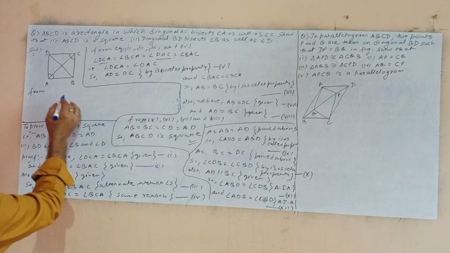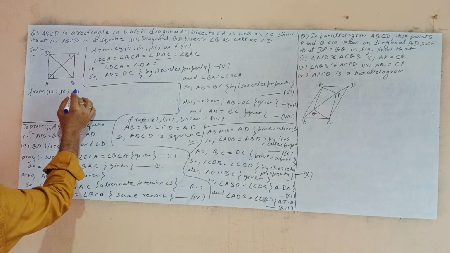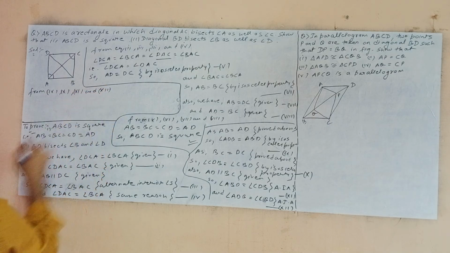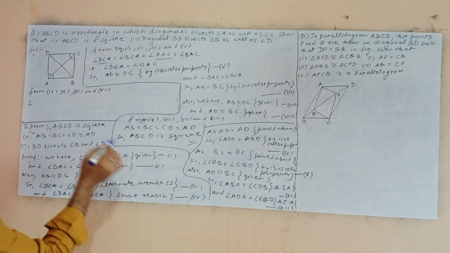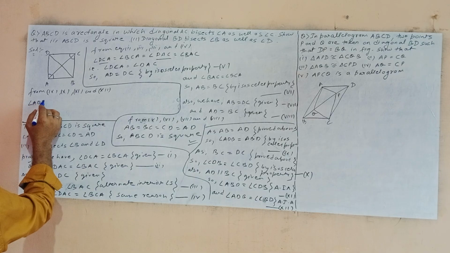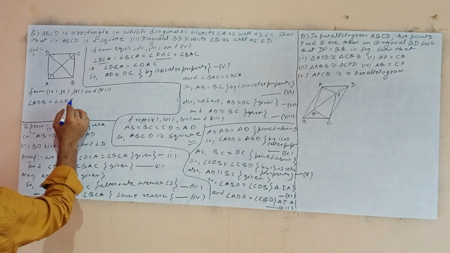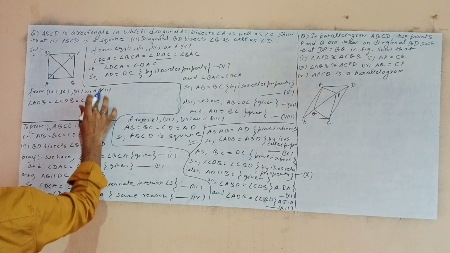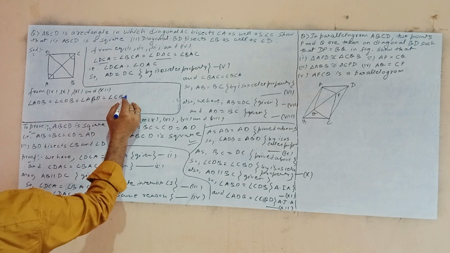From 9th, 10th, 11th and 12th you will say that angle ADB is equal to angle CDB is equal to angle ABD is equal to angle CBD.